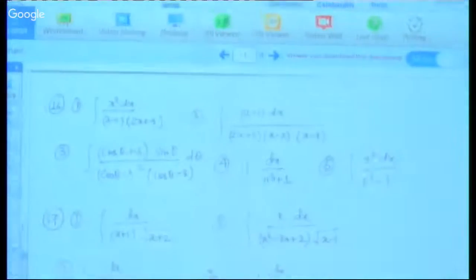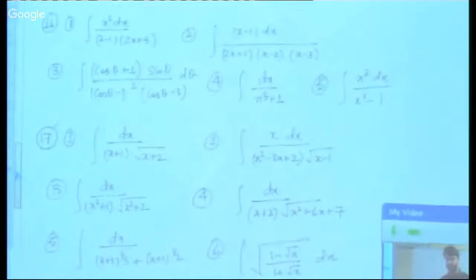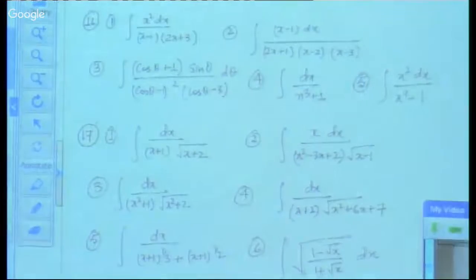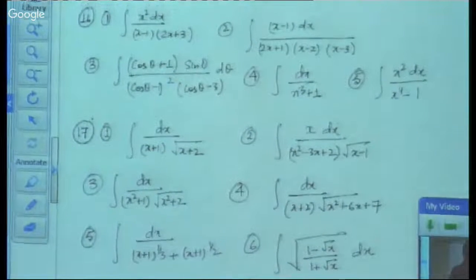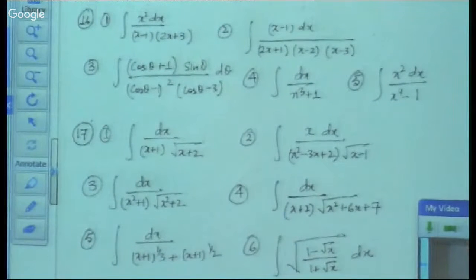Now, when you see something like dx upon linear into under root linear, you will always remove the under root linear by substituting under root linear by t square, to get rid of the root.